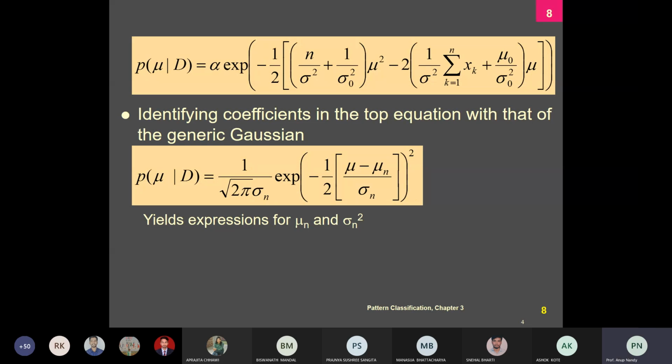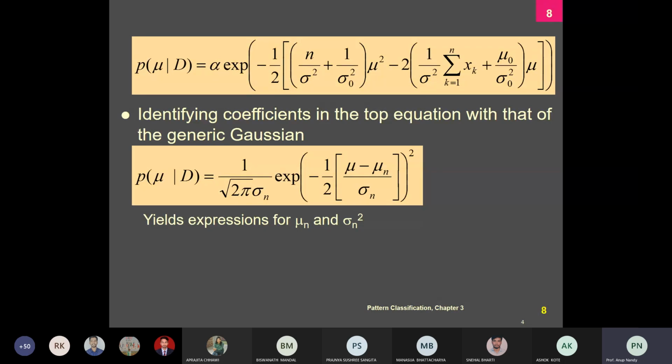Now you know the generic formula of the Gaussian is 1 by root over 2 pi sigma_n, exp of minus half, (mu minus mu_n) by sigma_n, whole square. So that is the generic term.